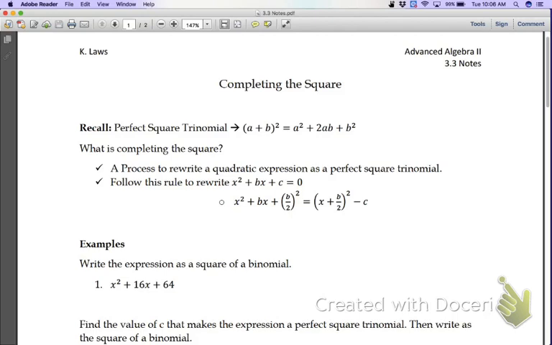But it's one of those things: whenever you get a problem that you can use completing the square on, you're not going to be able to factor it. You could use the quadratic formula, which we'll talk about tomorrow. But whenever you use completing the square, there is a time and a place when you want to use it.